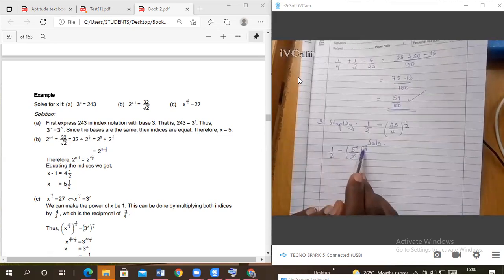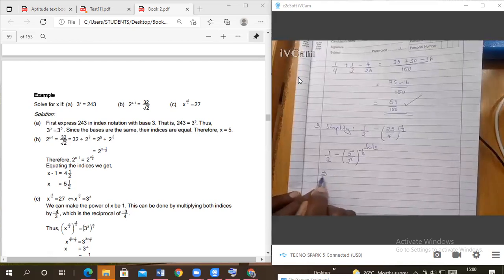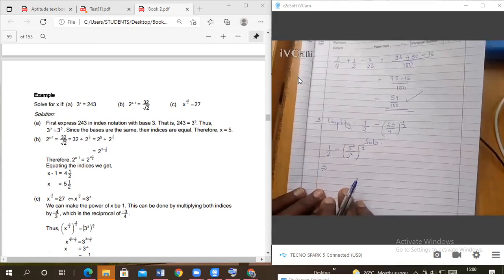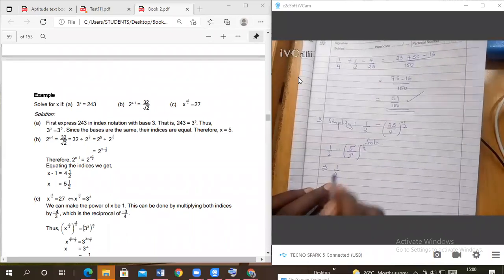What should we do to remove this negative power here? We divide with the reciprocal. When you get the reciprocal, what do we get? So we shall have a half.